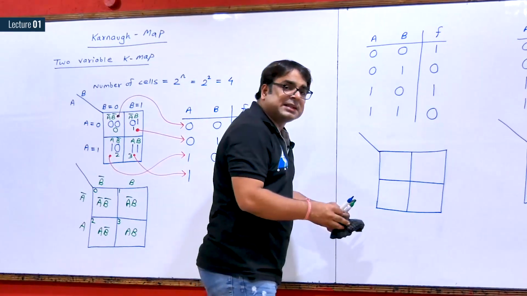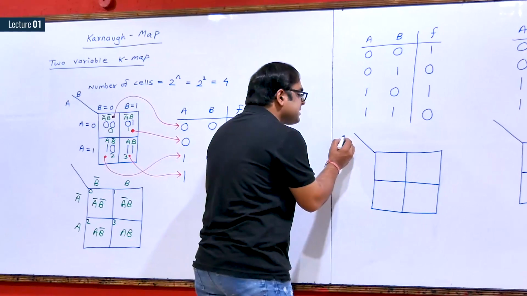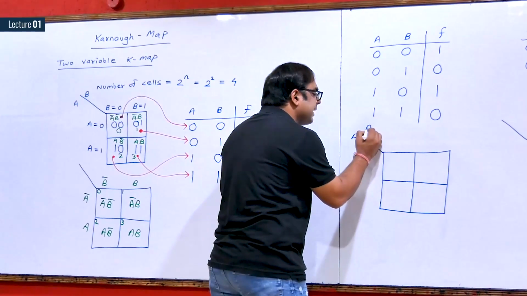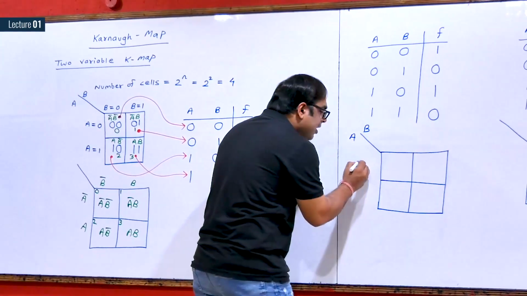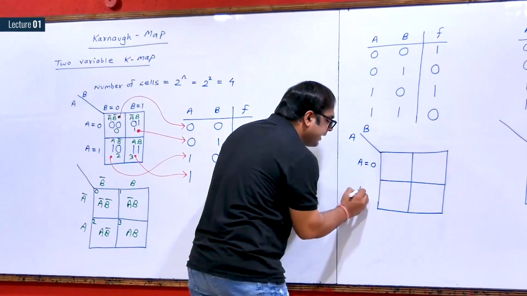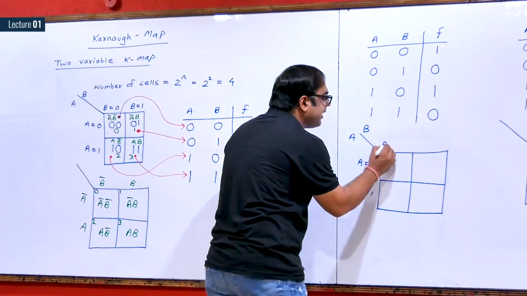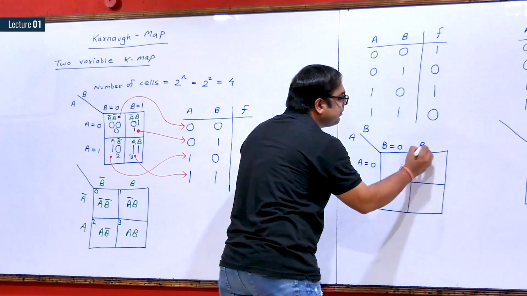See, what are the things step by step? Let me say this side is for A and this side is for B. Now, A can be equal to 0 and A can be equal to 1. In the same way, B can be equal to 0, B can be equal to 1.